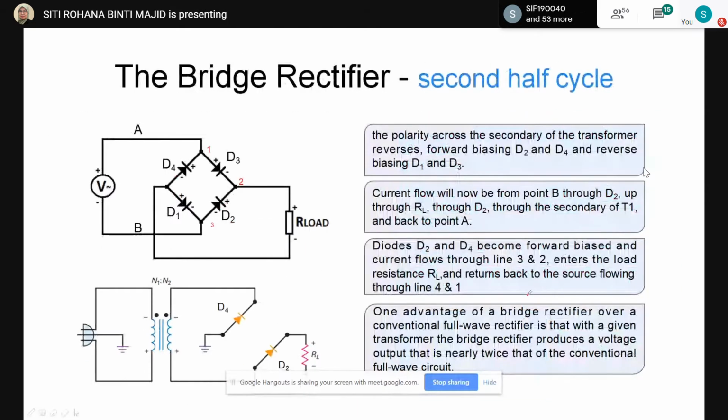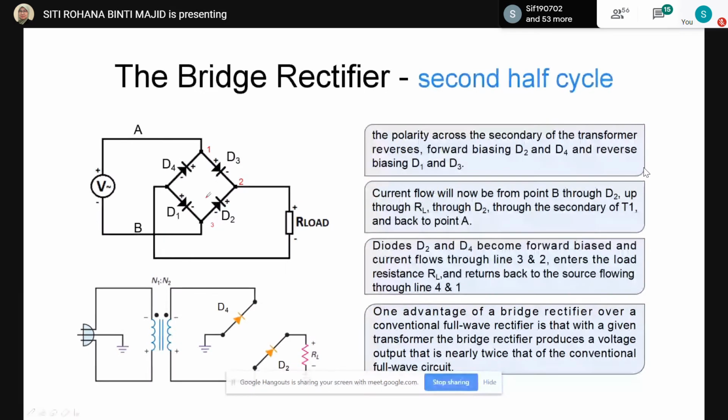Okay, but because they have four diodes, they have two pairs of diodes. So we need to consider the second half cycle. The same process will repeat, but the polarity across the secondary of the transformer will create a forward bias for D2 and also D4, but reverse bias for D3 and D1.